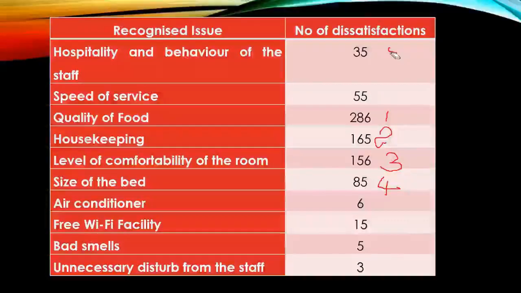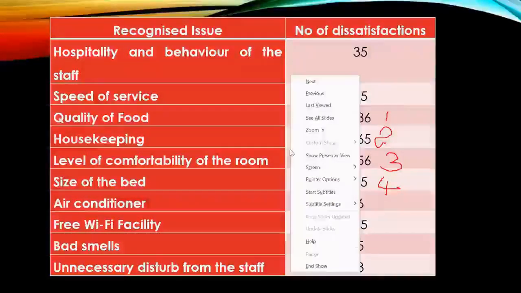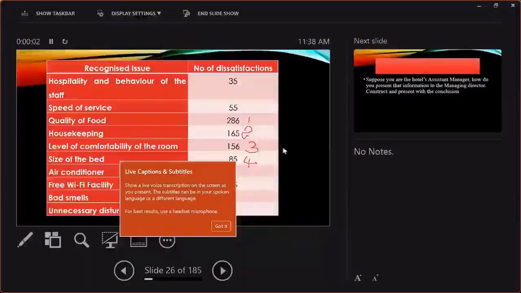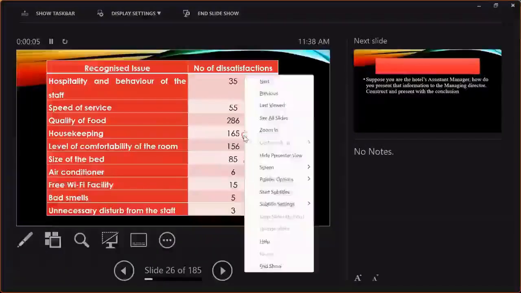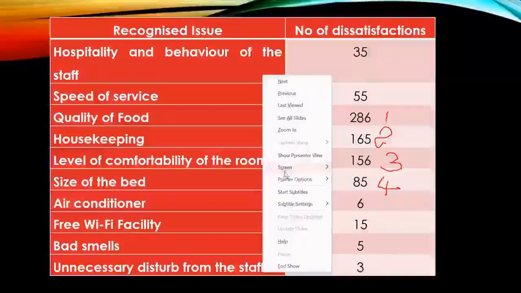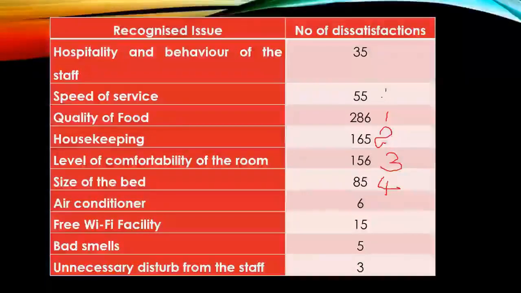Two, three, four. Then number five, which one is number five? Number five, number six, number seven, number eight, number nine, ten. Based on that sequence, that is the descending order.